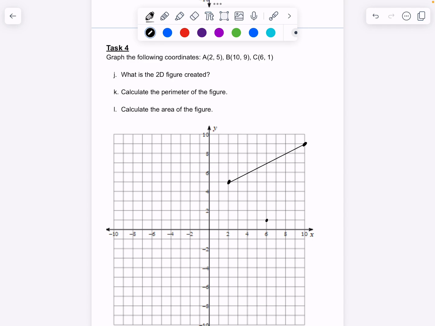So let's go ahead and connect. We're going to make those triangles around each side because I don't have any horizontal or vertical lines here to help me.